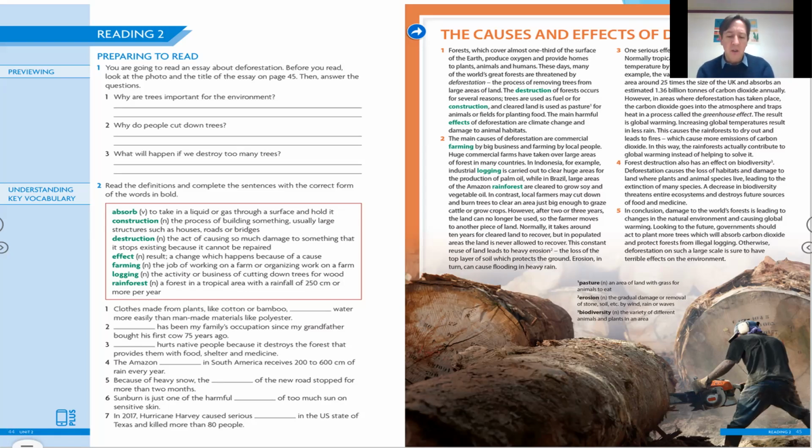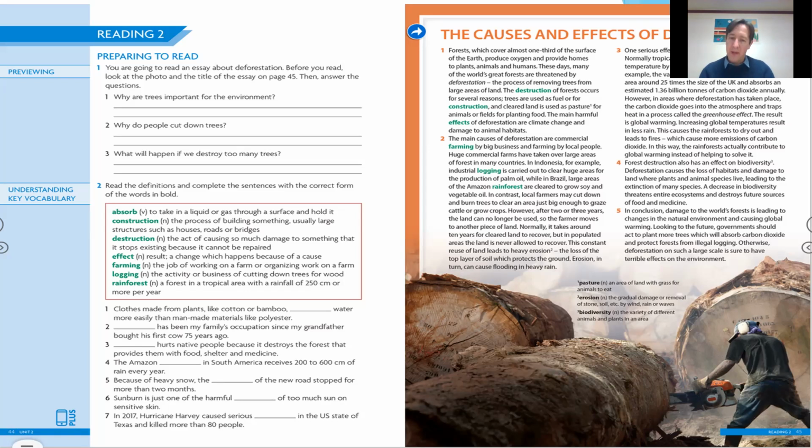The destruction of forests occurs for several reasons. Trees are used as fuel or for construction, and cleared land is used as pasture for animals or fields for planting food. The main harmful effects of deforestation are climate change and damage to animals' habitats.